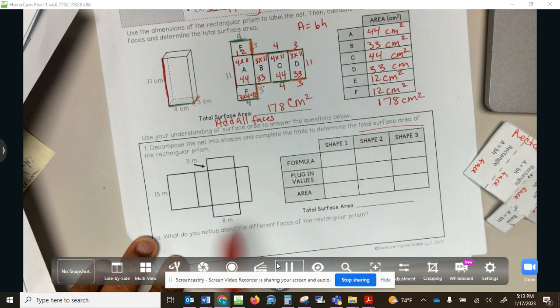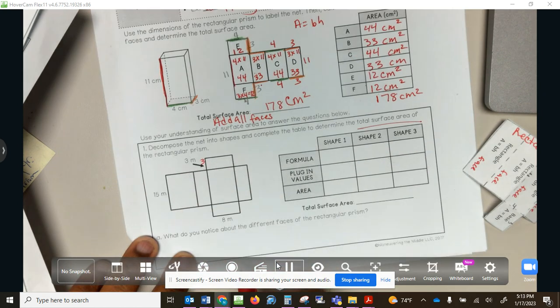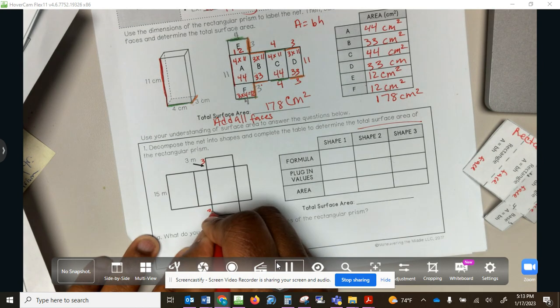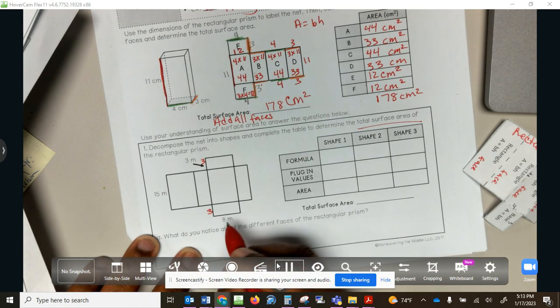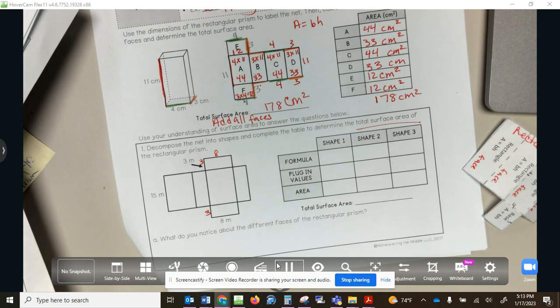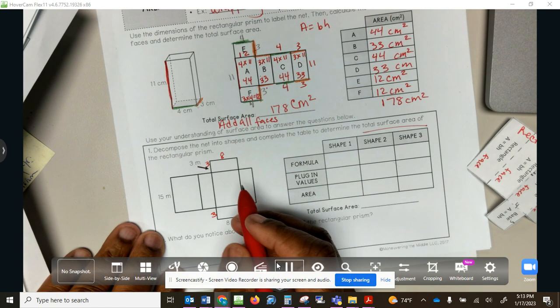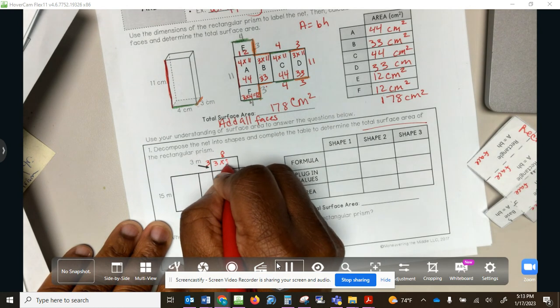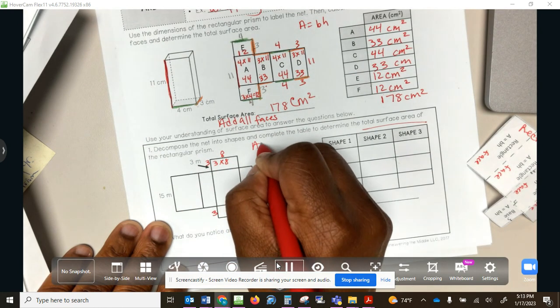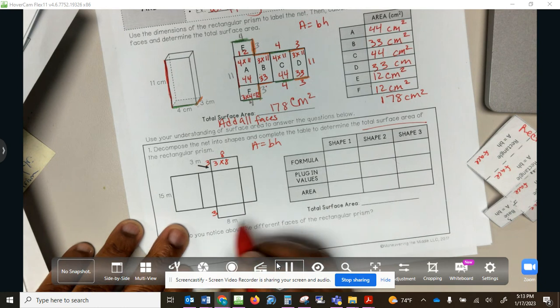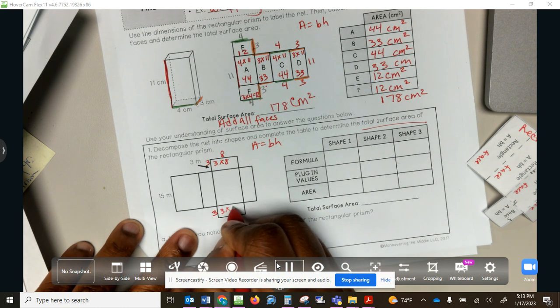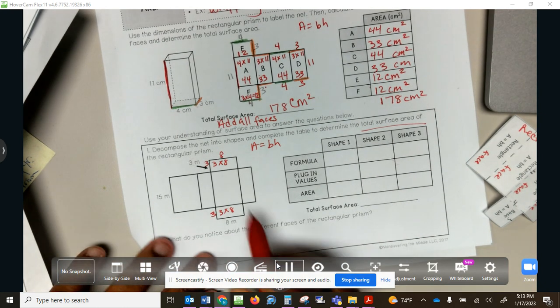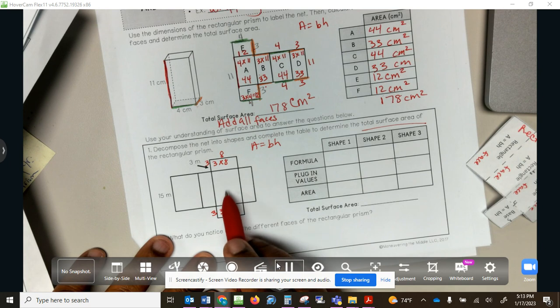So here they told us this is 3. If that's 3, then I know down here has to be 3. This is 8. I know here has to be 8. And so you can kind of go in and write what they are. So 3 times 8, because remember, all rectangles is base times height. This is also 3 times 8. So what do you think this measurement here is?